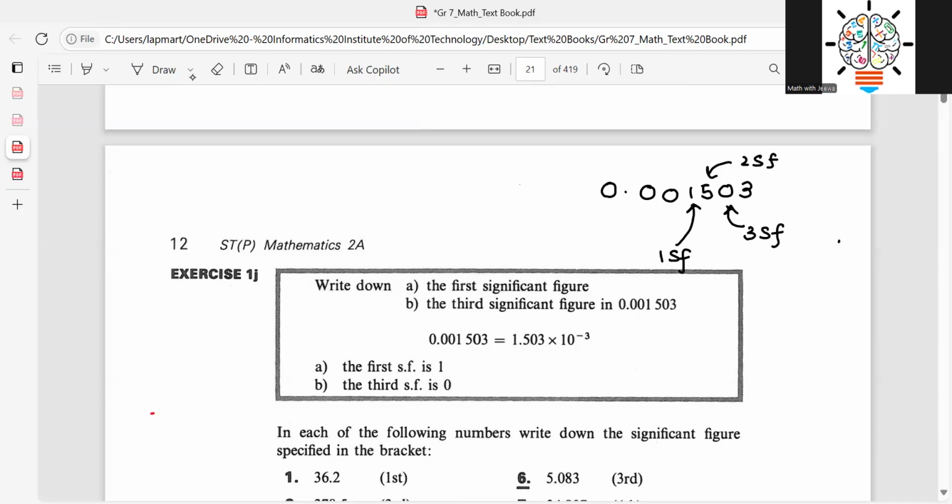But if I'm looking at the ordinary format, which is 0.001503, if I'm referring to that ordinary number, if you just say 0, I'm confused. I want to say the 0 in between 5 and 3. But if someone is looking at the standard form number, then you don't want to worry.